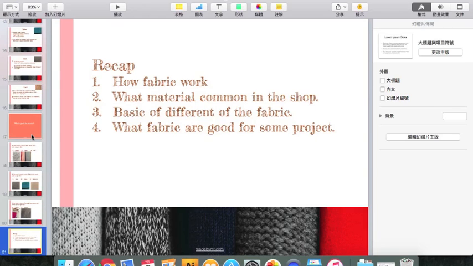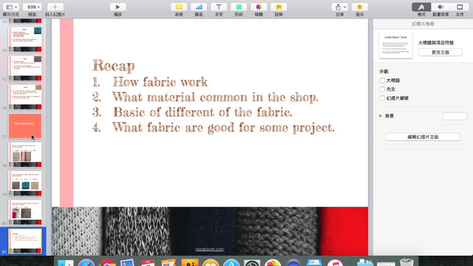Okay, then a little bit of recap for today's class. The first one, I showed you guys how the fabric construction works. The first one is plain weaving, second one is knit weaving, and third one is non-weaving. Okay, and the second one is what's the common material in the shop.